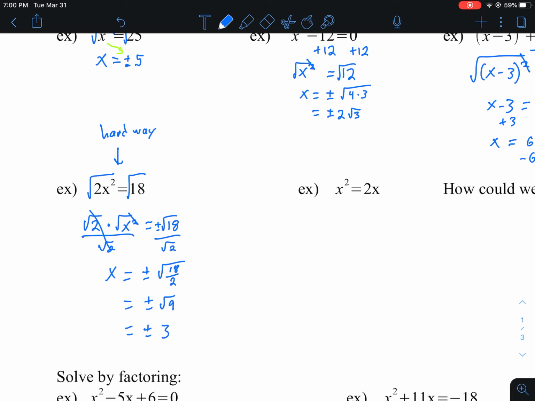Don't do things the hard way. The easy way is get the thing that's squared by itself. So x squared equals 9, square root. This was the easy way, getting the thing that's squared by itself.